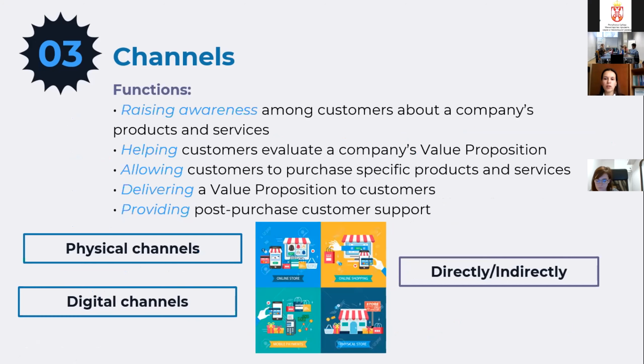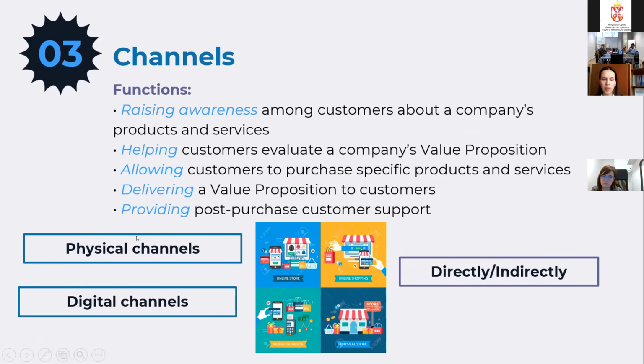Communication, distribution, and sales channels comprise a company's interface with its customers. And here the entrepreneur must think and summarize the way in which he will interact with customers. What does it mean?